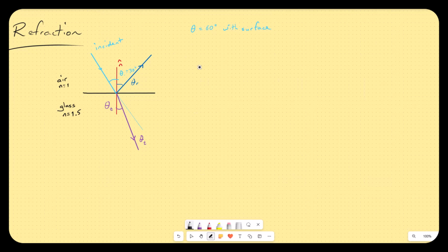But now I'll do the problem. I'm going to say n incident sine of theta incident equals n transmission, or n refracted, times the sine of the refracted angle. That's what I'm looking for. So I'm going to solve.